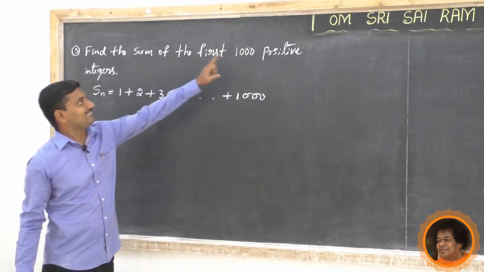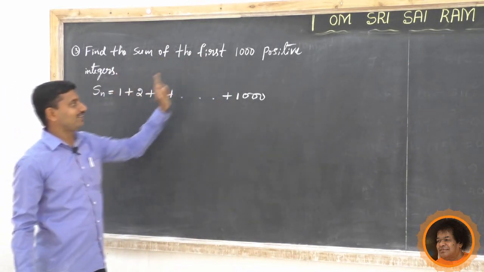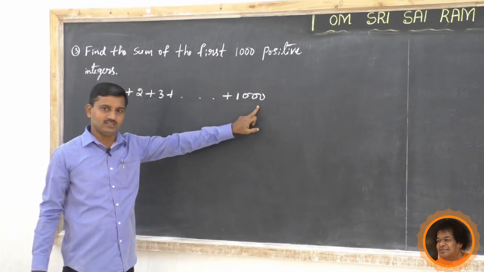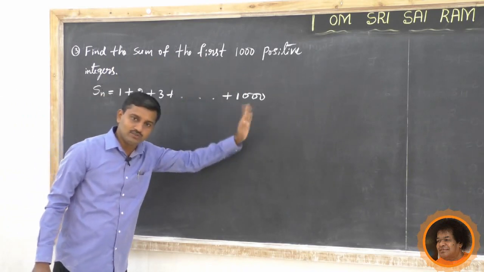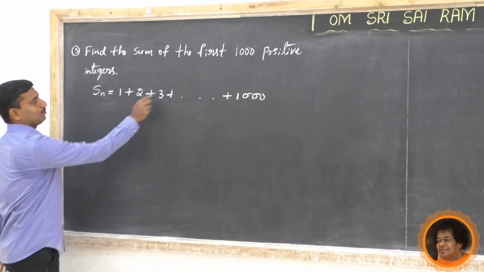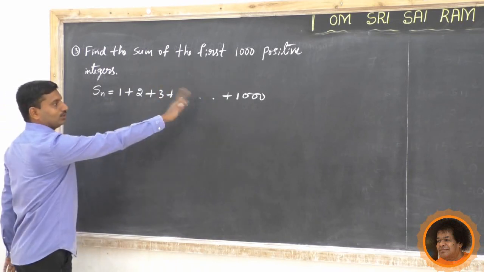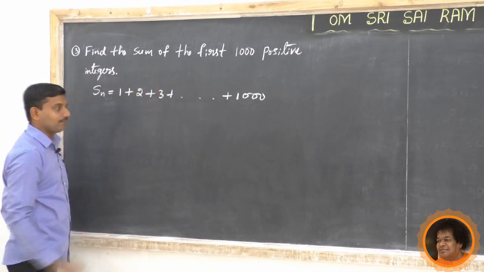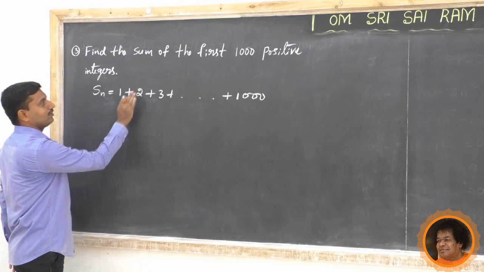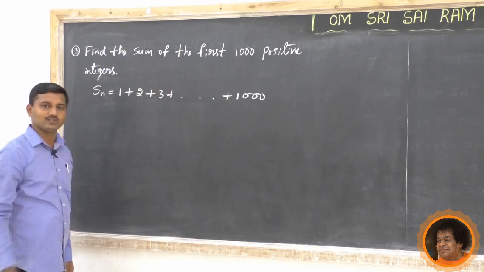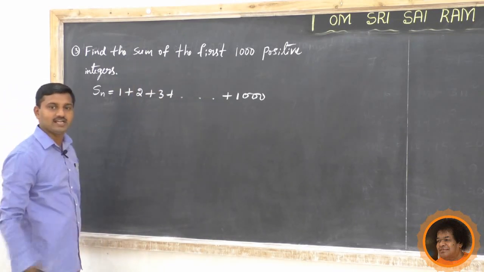The last term is 1000 and the number of terms is also 1000. No doubt, this is in AP, because the difference between a term and its preceding term is a constant. That's why the given list of numbers is in AP.